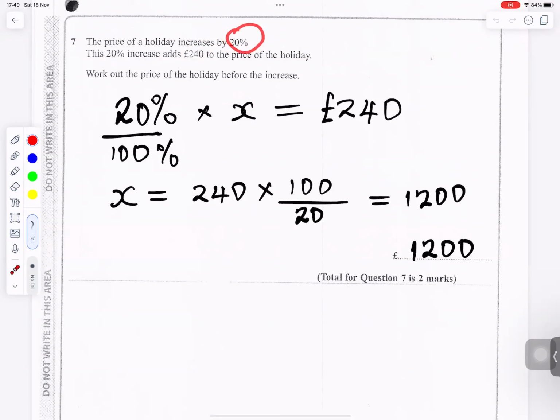So 20% of a certain number is £240. What is that number? So we put 20 over 100 times that number equals 240. The opposite of divide by 100 is times by 100. So it becomes 2,400. And then divide by 20, it gives you 1,200.